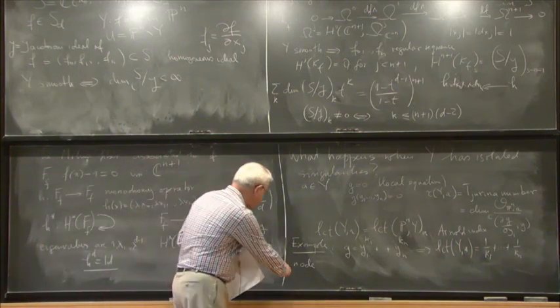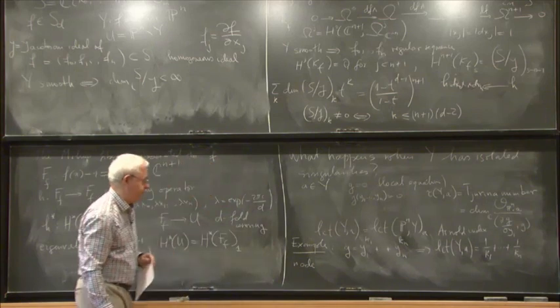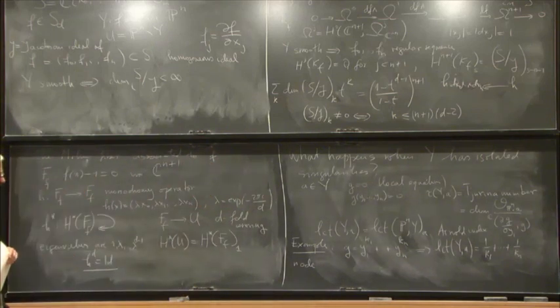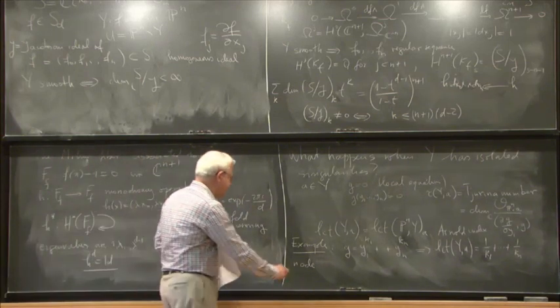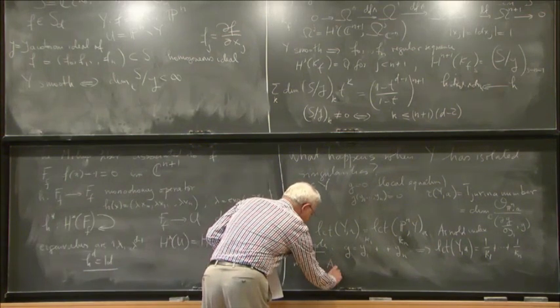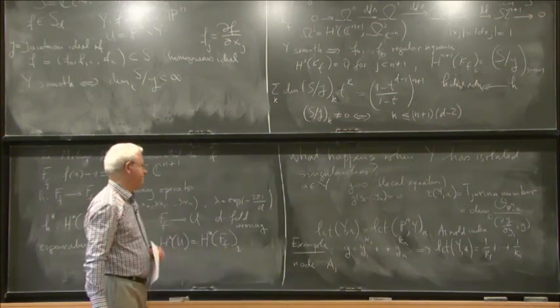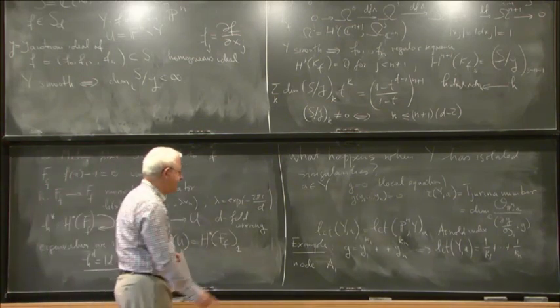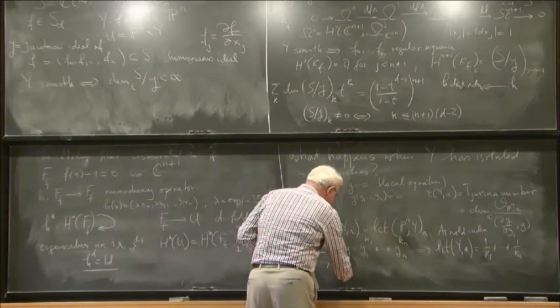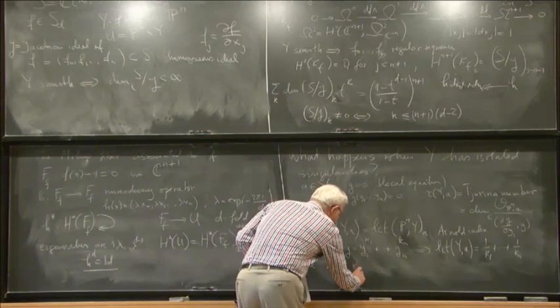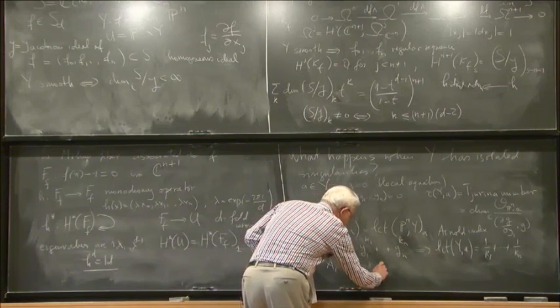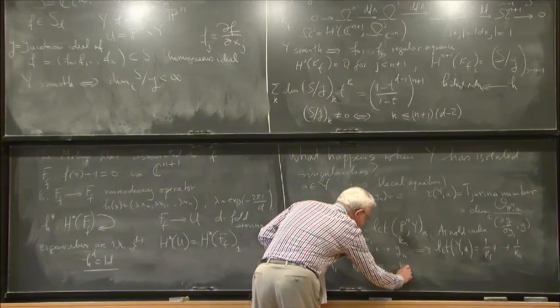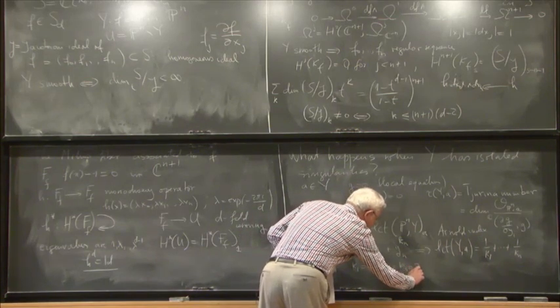Okay, so a node is, in my talk, nodes will appear which are the simplest singularities. They are called A1. And in this case, all of these integers are equal to 2.